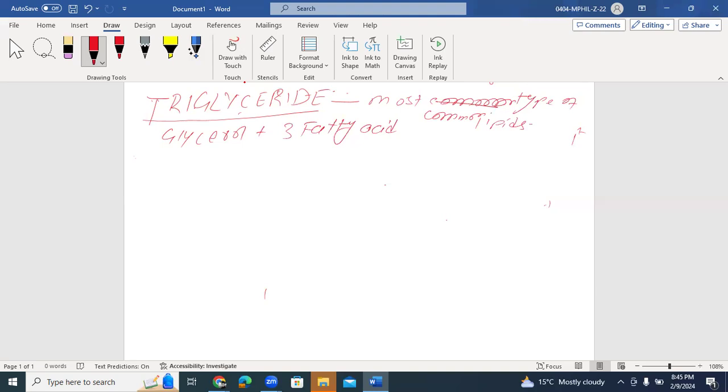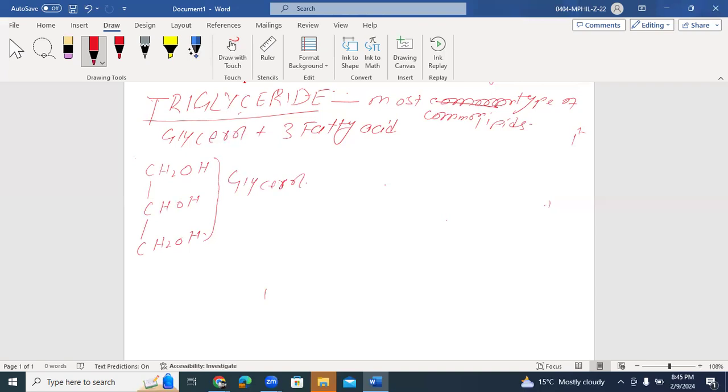The actual structure of glycerol is like this: CH2OH, here you have CHOH, and here you have CH2OH. This is the actual structure of glycerol. Are you getting this point?